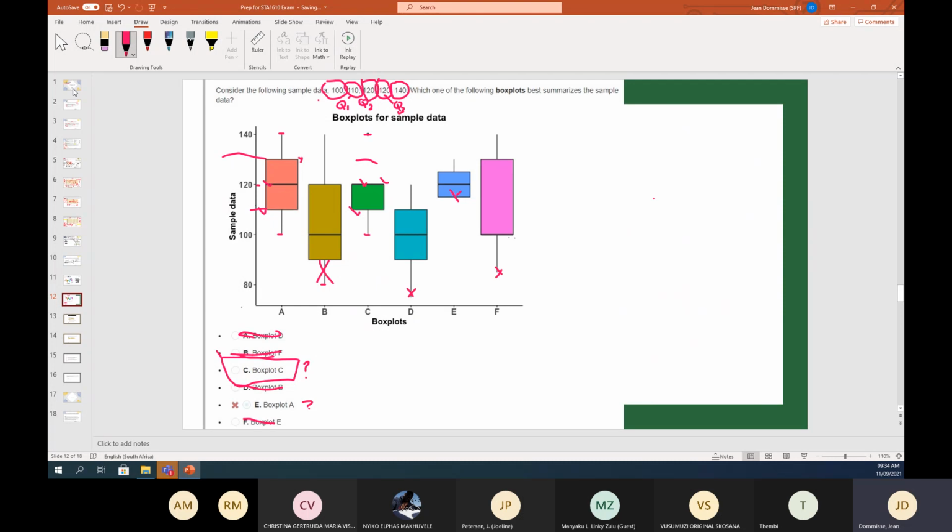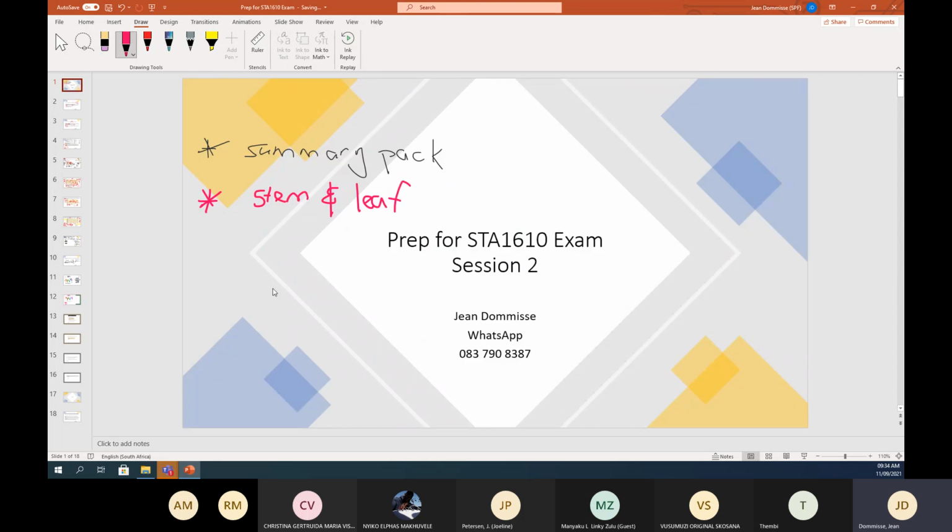So in the exam, if you get it, great. The other thing I want to add is the distribution shape.